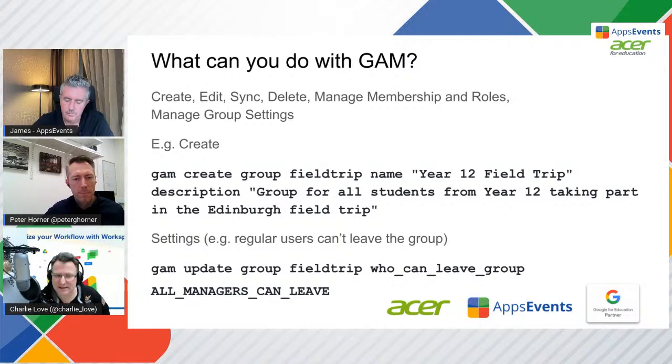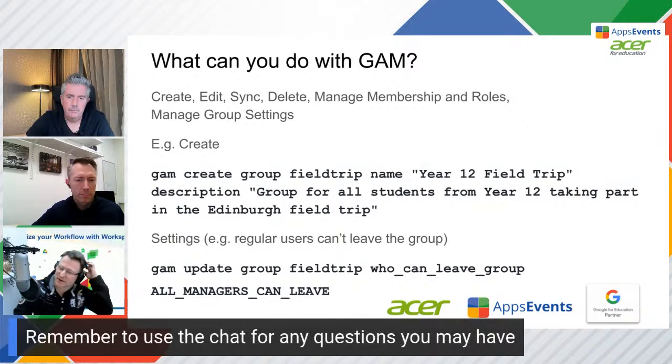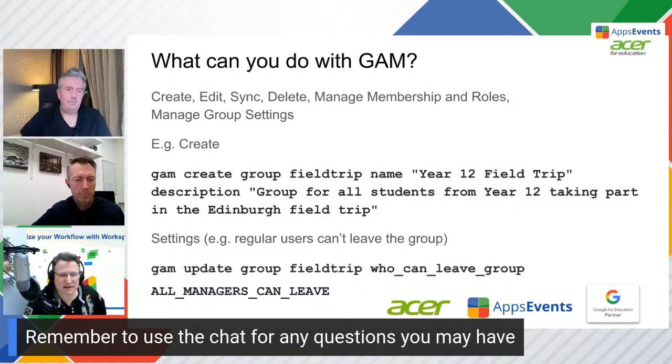A real great tip is the second one on the page, which is about who can leave a group. For users in an education setting particularly, you probably don't want your students coming out of groups because you're using those groups for a particular purpose. If you set up a group using GAM, you can say GAM update group, whatever the group name is, and you can say who can leave it, and you can say the managers can leave it.